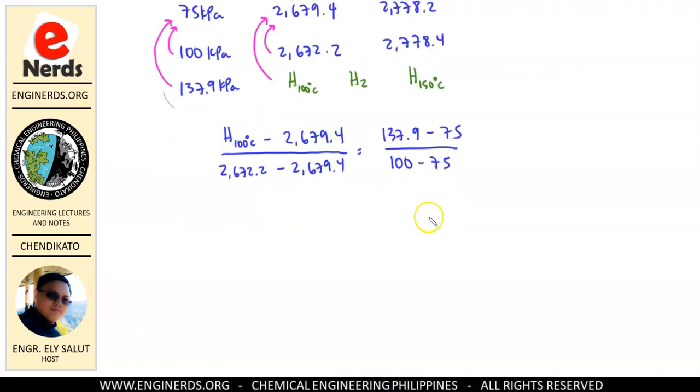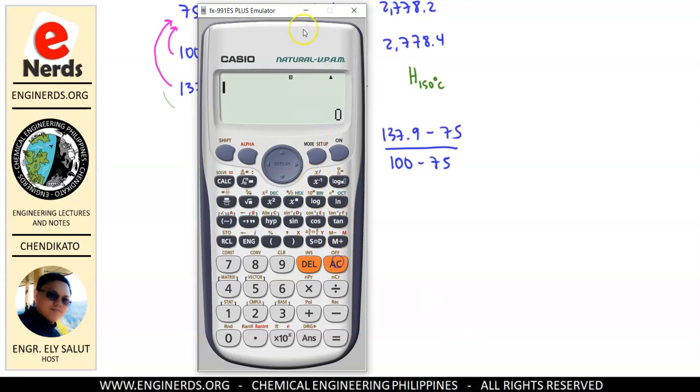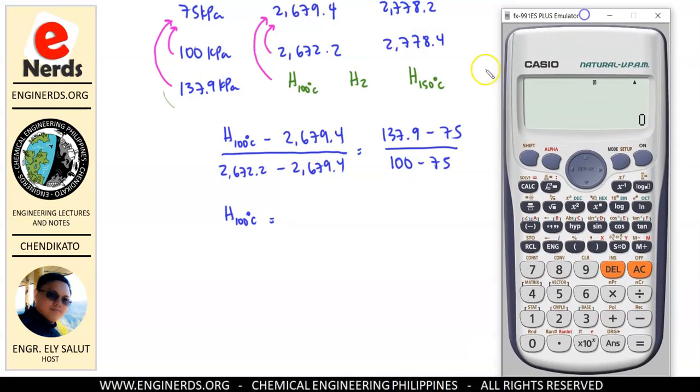Okay, so katulad ng ginawa natin kanina, no? So hindi ko na siya pahabain pa. We're going to solve this sa ating calculator, no? So our H100 is equal to, let me solve this. So unahin natin to. We have 137.9 minus 75, then divided by 100 minus 75.